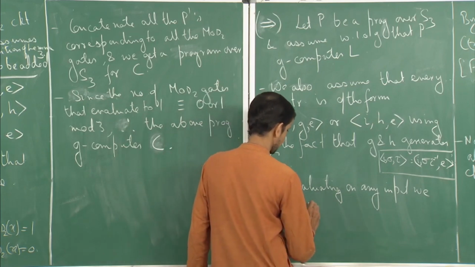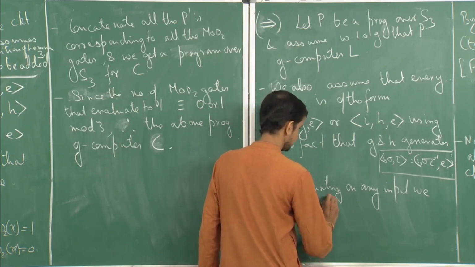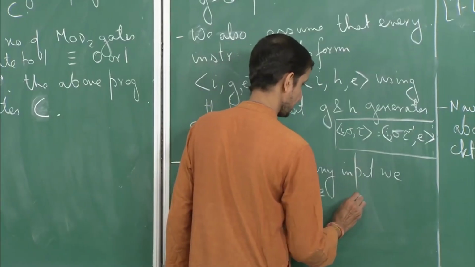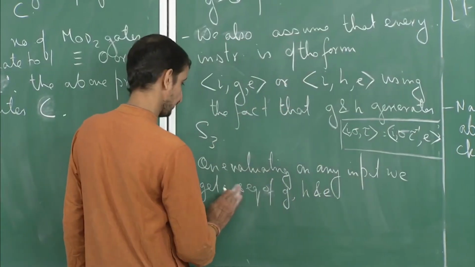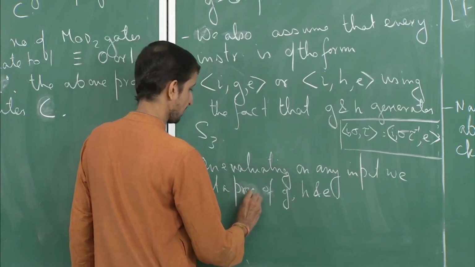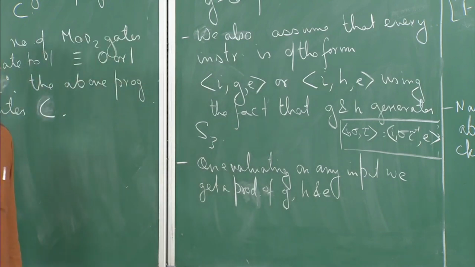So, we get a product of G, H and E's, right.